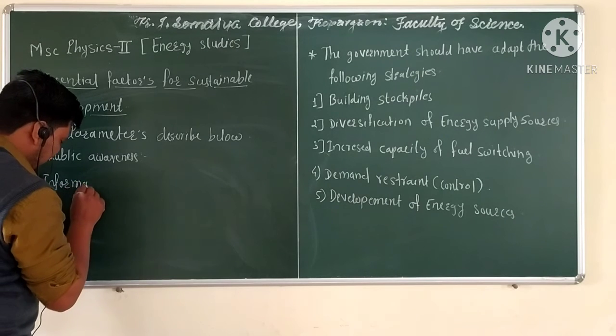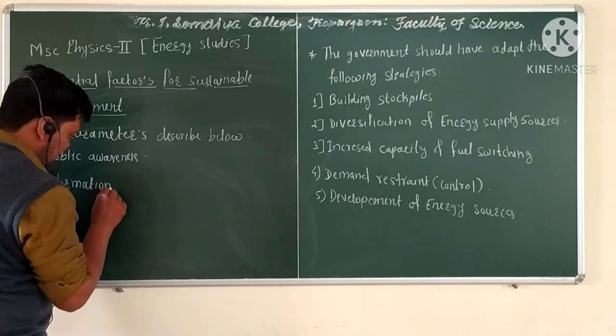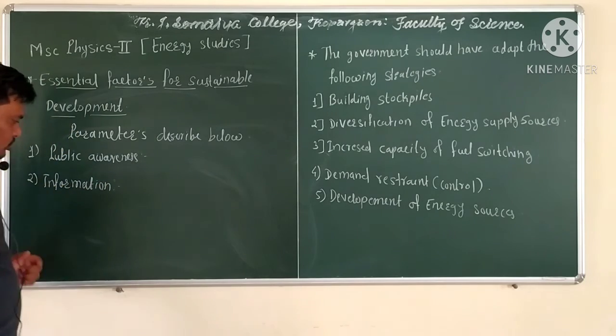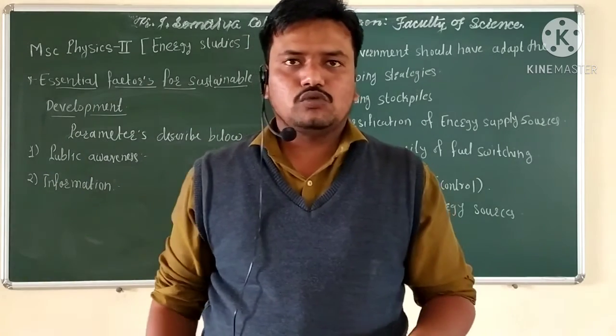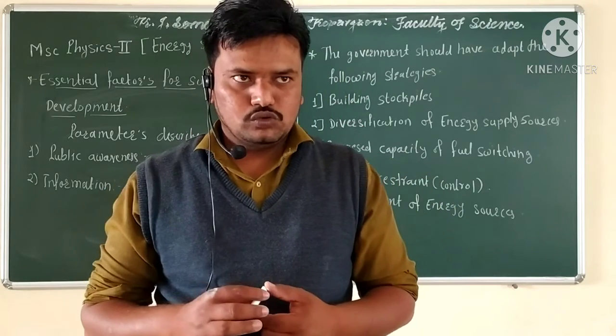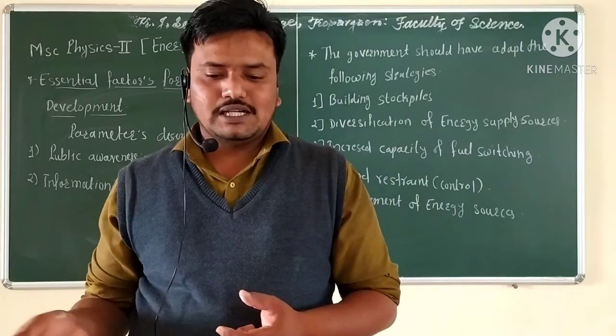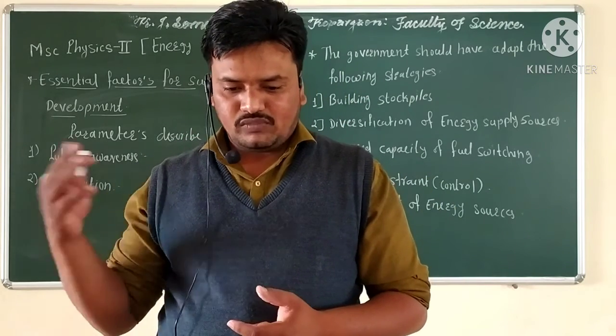What points does the information parameter cover? We have to know what types of energy input are used, how much energy input is used, and how much energy output is given.